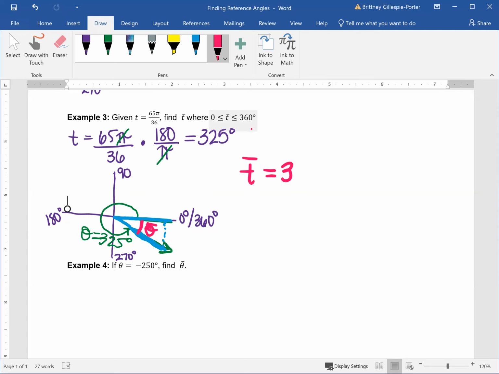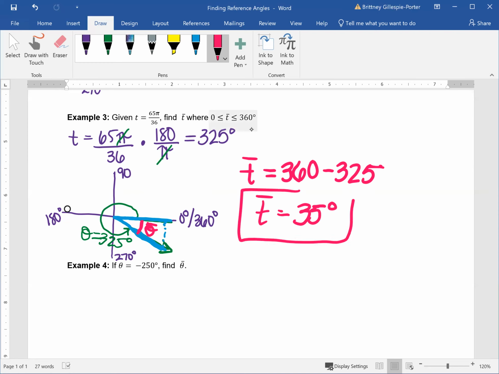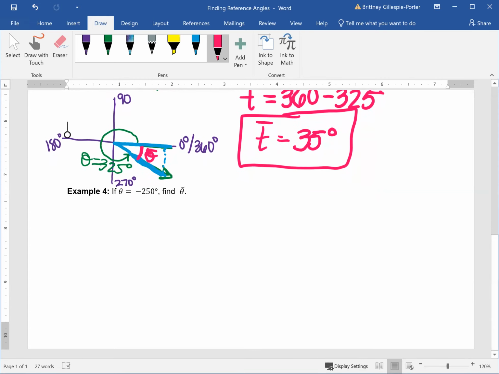So we're going to take 360 minus 325. And our reference angle is 35 degrees. It's how far we need to move to get to the x-axis, either 180 or 360. Notice I am not using 90 or 270 when doing these calculations.